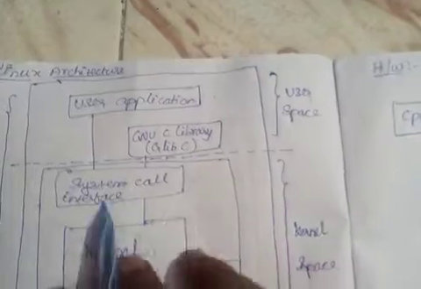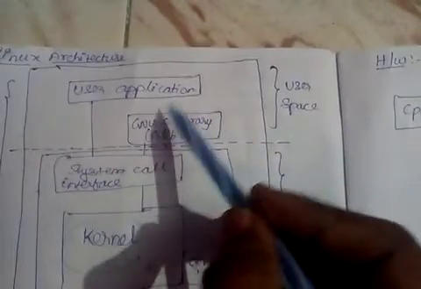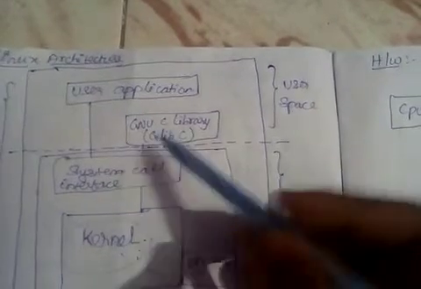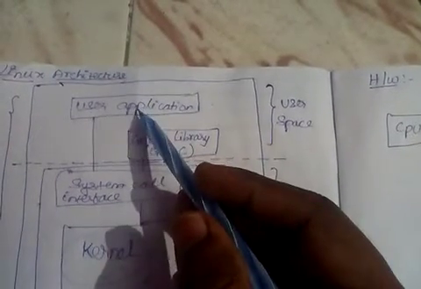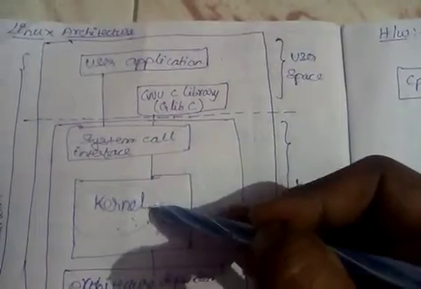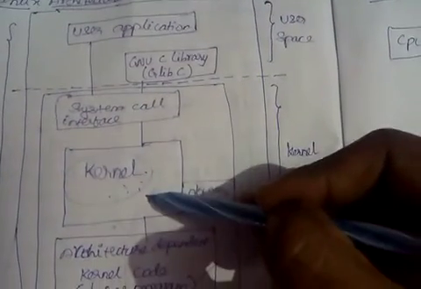Before this, I would like to tell you about the system calls. System call is the main interface which acts between the user application and the kernel. System call will go for its own process for completing the user application. If any requirement is there to meet the kernel, it will allow the user application to meet the kernel.